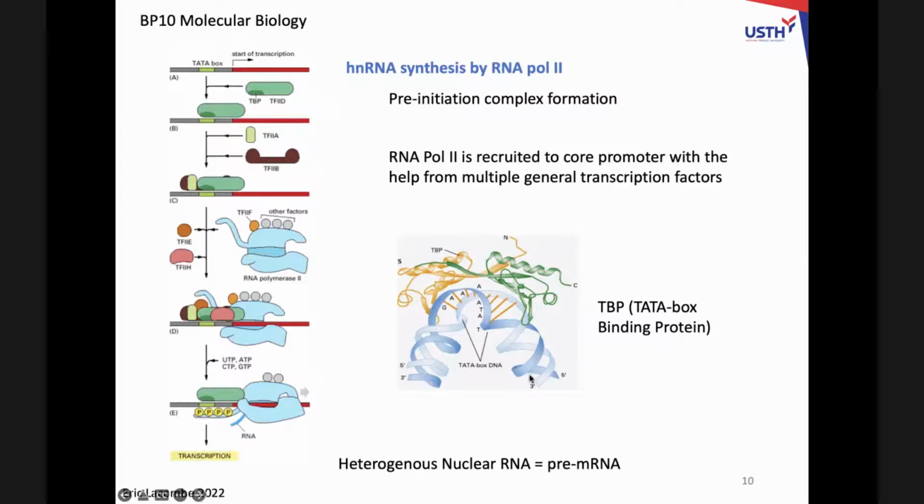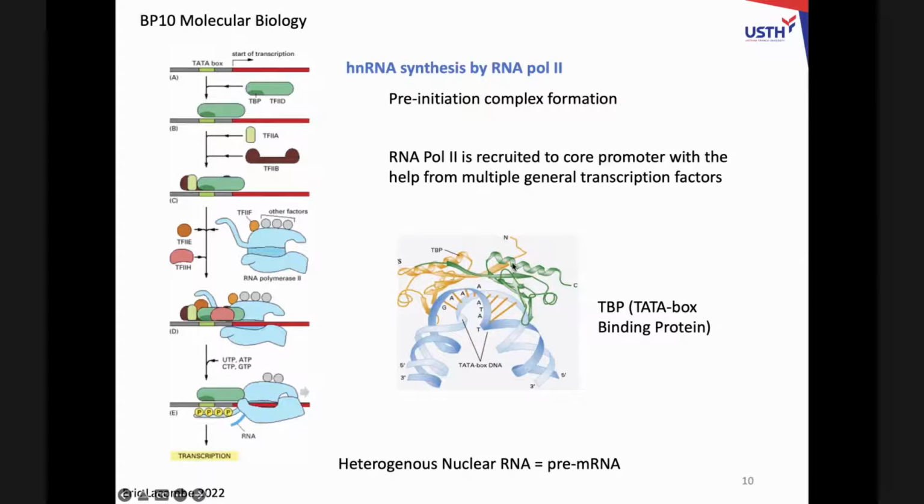And here I just put a schematic view of the interaction between TATA binding protein and the TATA box, just to show you that it is not Pol2 that interacts with DNA. And you see, actually, it's a dimer, the TATA box binding protein, and it directly interacts with the TATA box. This interaction is in the minor groove of DNA, not the major groove.